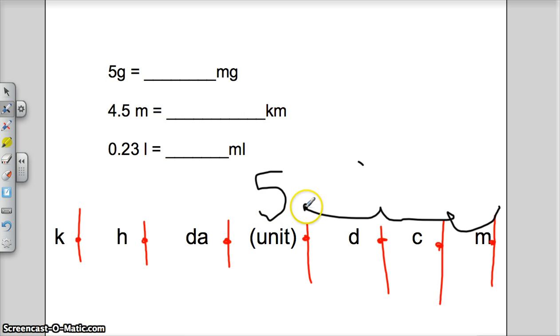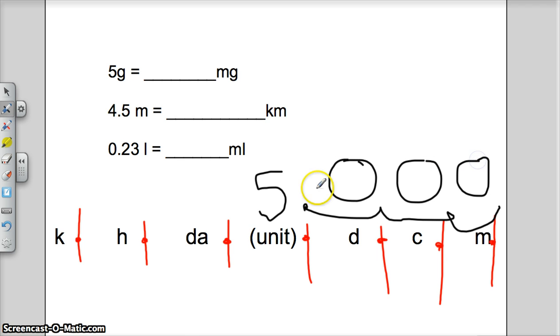I put the decimal place right here. I put the 5 right there. And then I know I need to go to milligrams. So I go 1, 2, 3 to milligrams, and then I fill in with zeros. 1, 2, 3. And I know that 5 grams is equal to 5,000 milligrams. That's one way of solving this. It might even look a little bit better this time around.